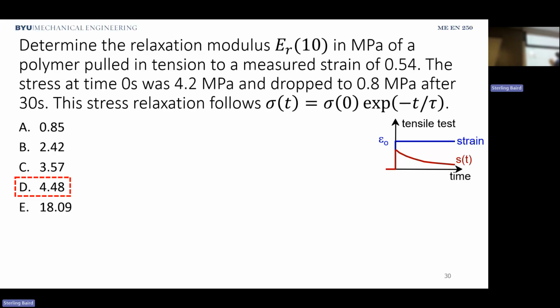Okay. 5.8 by 4.2, then you get the decimal 0.190, and then you take the natural log of that, and then you negate it. And then if you take 30 divided by that, you should get this tau value.